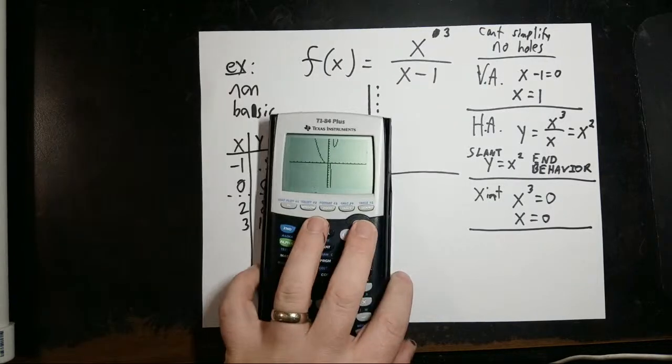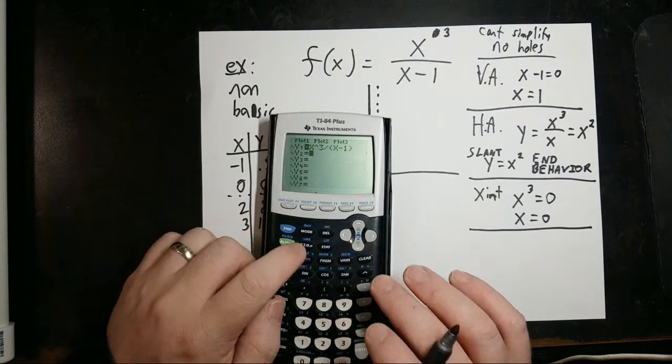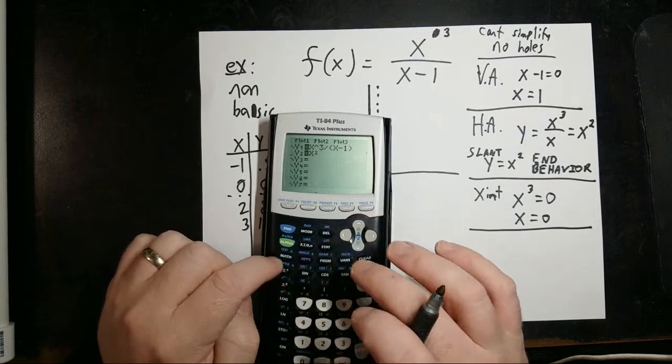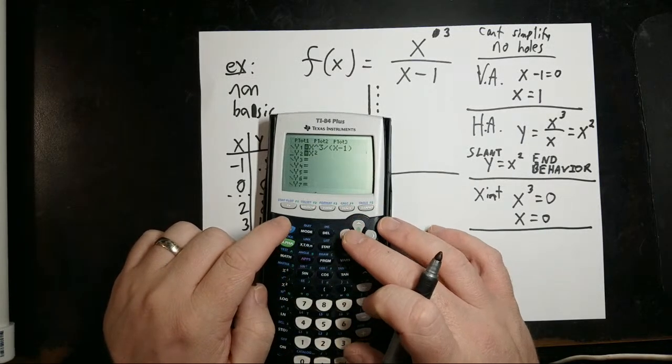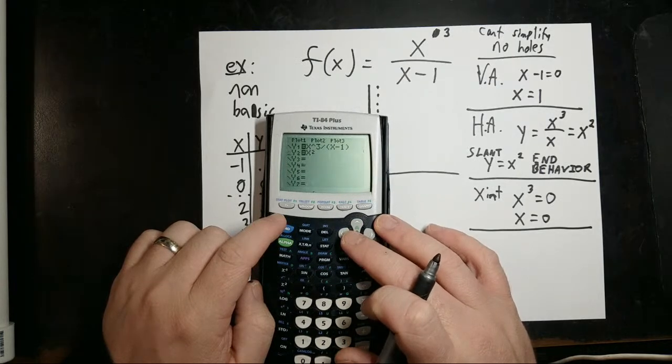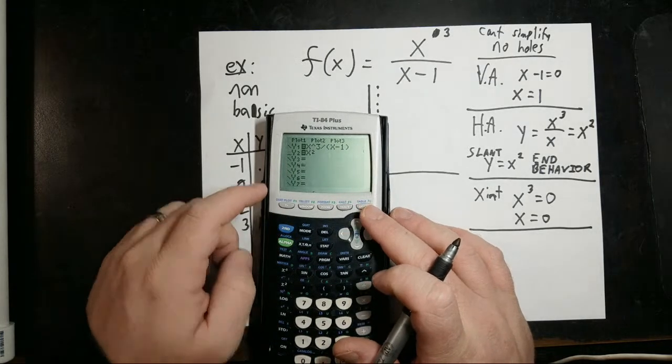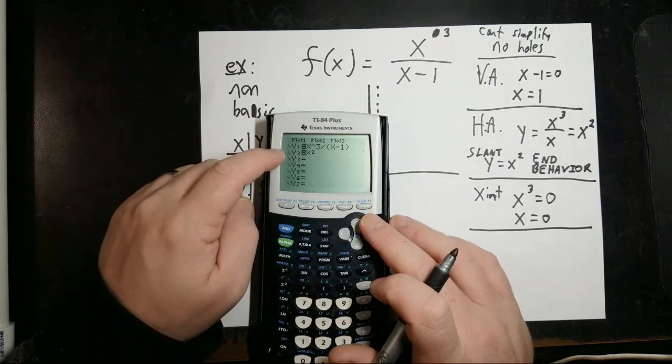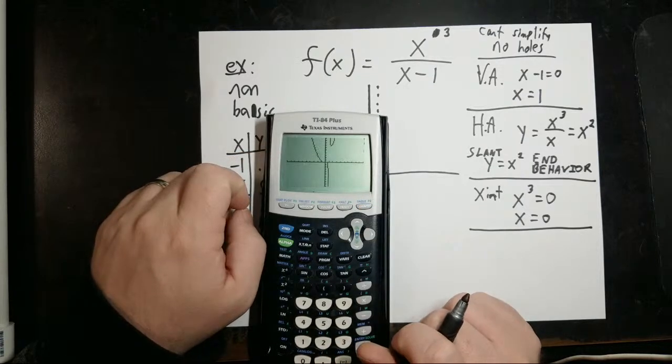Let me show you something on the calculator. Watch very carefully. I changed the symbol for the second graph to just be this little dotty thing. Watch what happens.